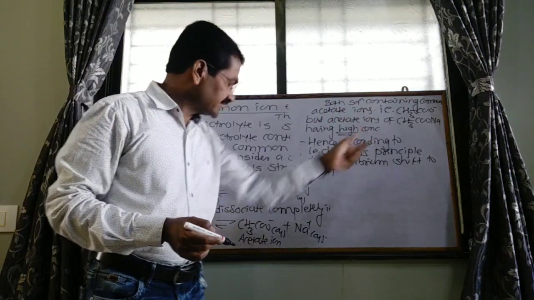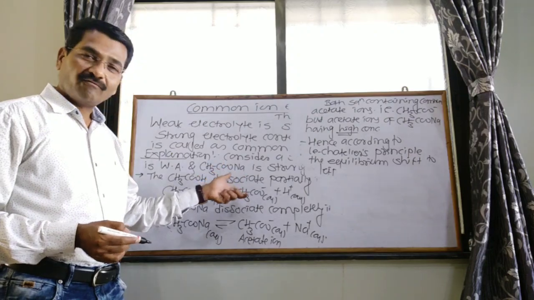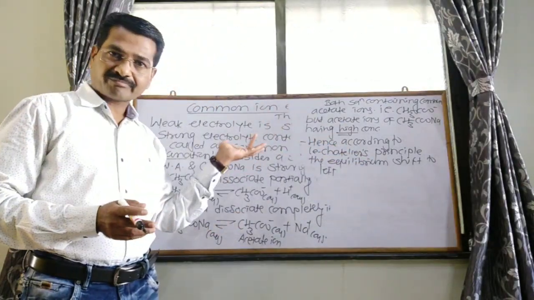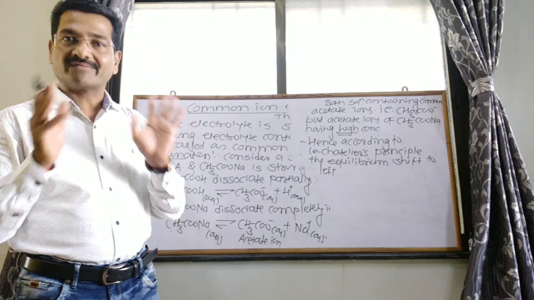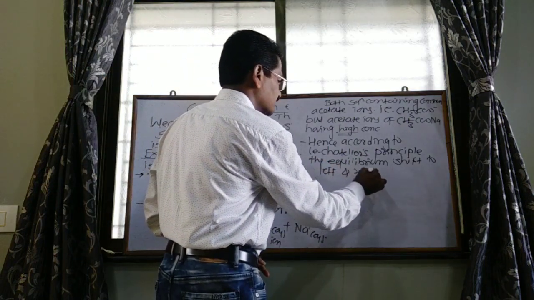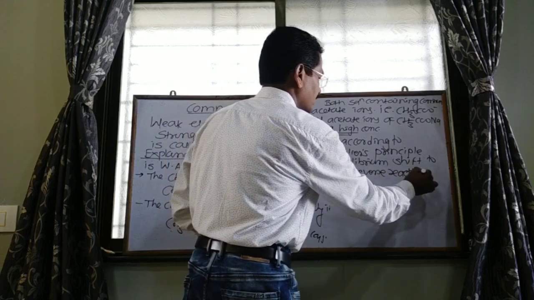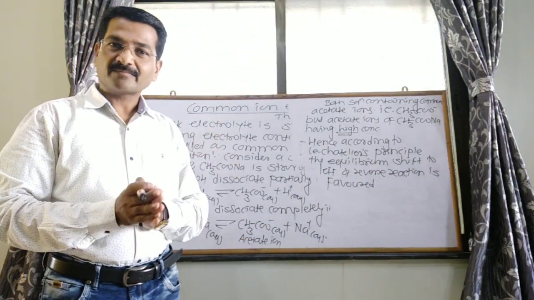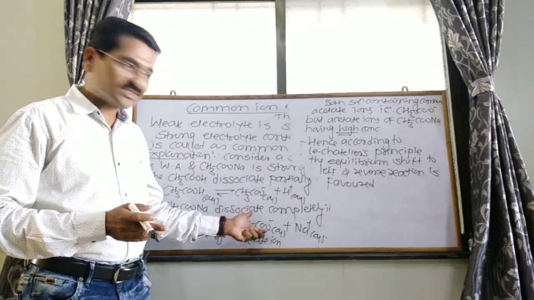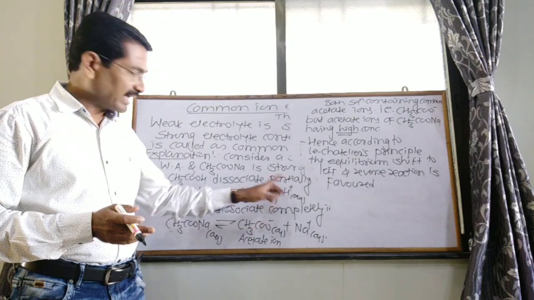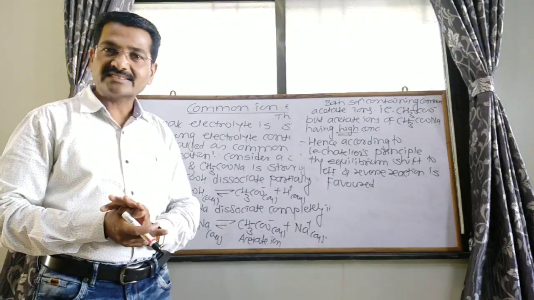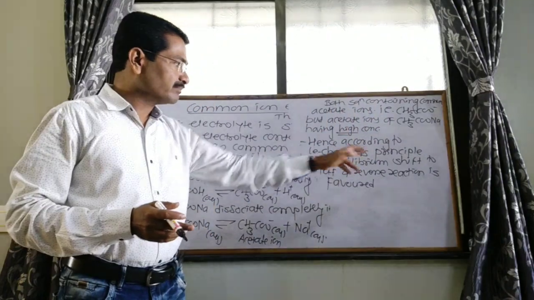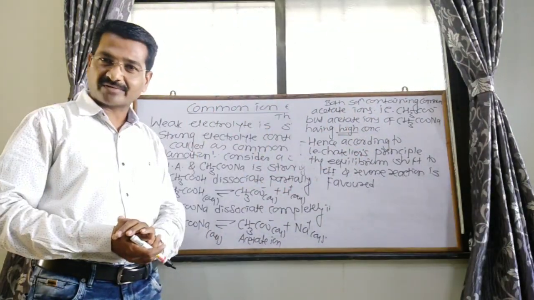Whenever these higher concentrated acetate ions of sodium acetate are added to the weak acetic acid, then according to Le Chatelier's principle, the equilibrium shifts to the left and the reverse reaction is favored, so the acetate ions combine with H plus ions of the acetic acid to give unionized acetic acid.